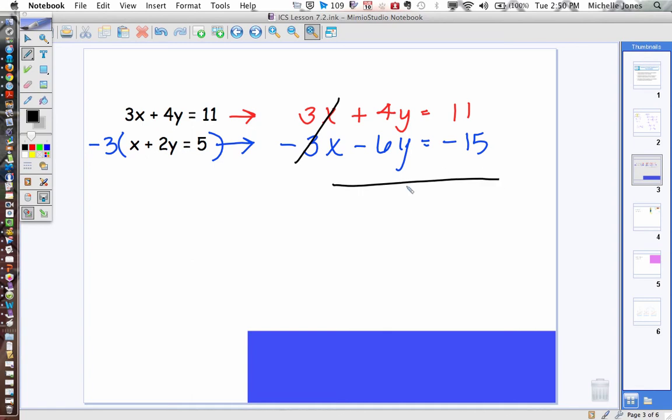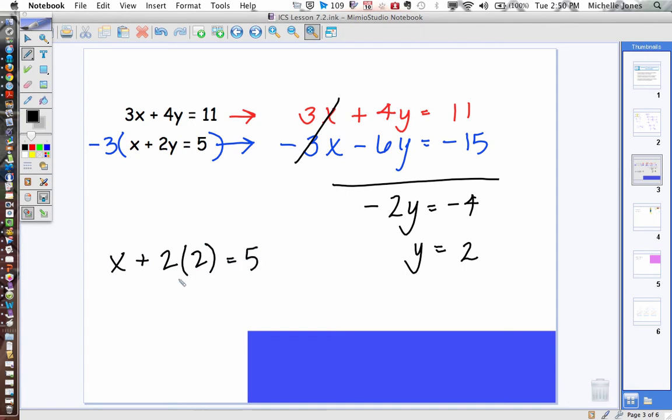Go ahead and add the rest. So you get negative 2y equals negative 4. Divide both sides by negative 2. So y equals 2. Doesn't matter which equation you sub this back into, so let's go ahead and do the second one. X plus 2y is 5.